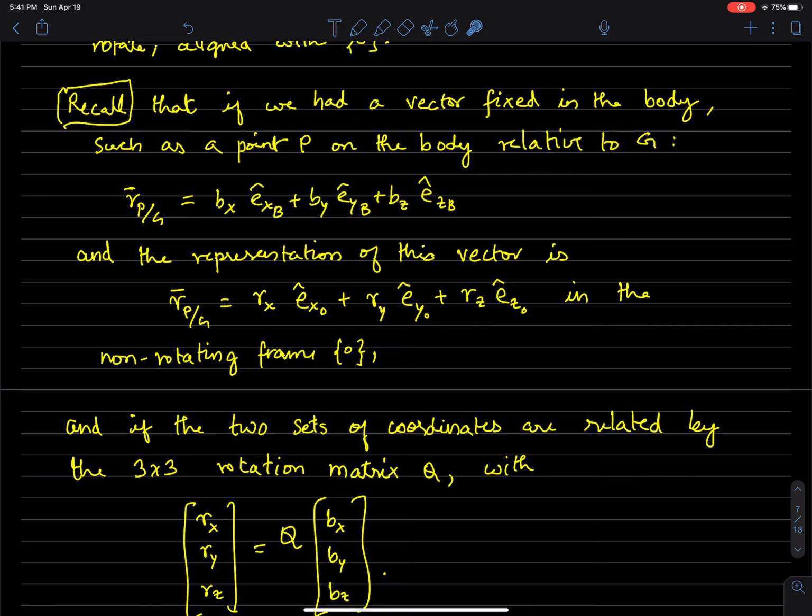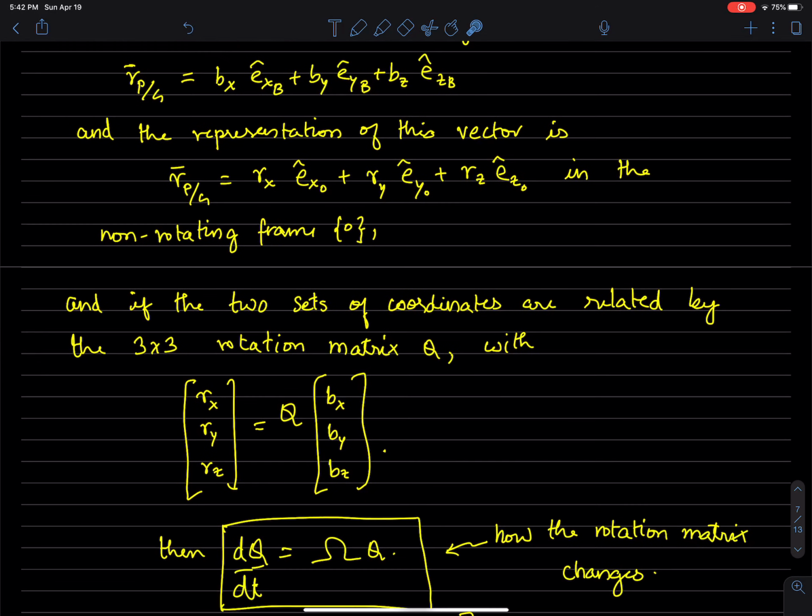Recall that if you had a vector fixed in the body, for instance, the vector from G to P, the center of mass to some point P, and you represent that vector using body fixed coordinates like this. And you can also represent the same vector in some global coordinates or the inertial frame, the non-rotating frame.